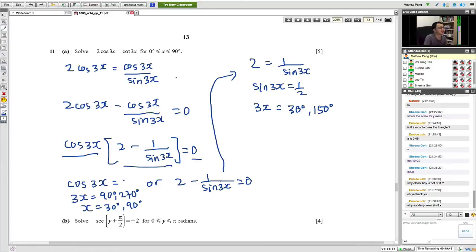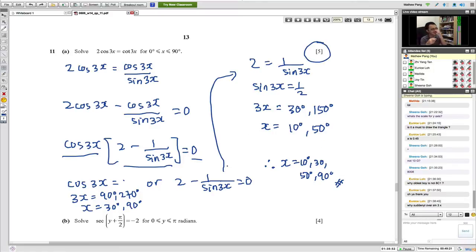So it's only these two answers. X will equal 10 and 50. Therefore your X will be 10, 30, 50 and 90. That's all. Why so easy? Give you 5 marks. This question you should be very happy, because you can get 5 marks easily.